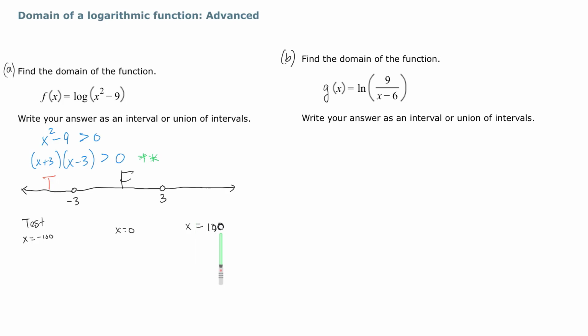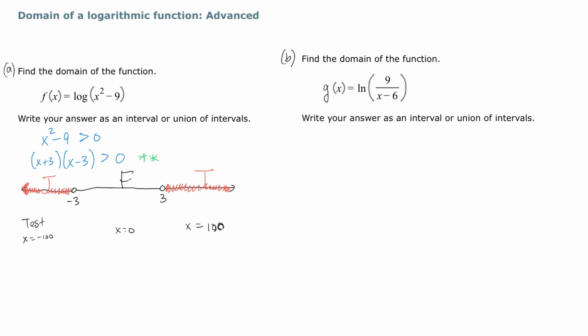One more test, x equals 100 in this double star inequality. A positive times a positive is still positive, so that's going to be true. Awesome. And now we could shade from left to right what your true regions are, and don't shade the false region, and then we keep shading here.